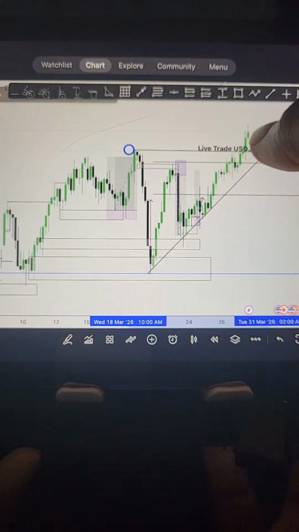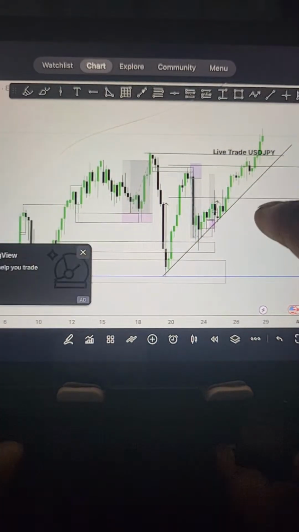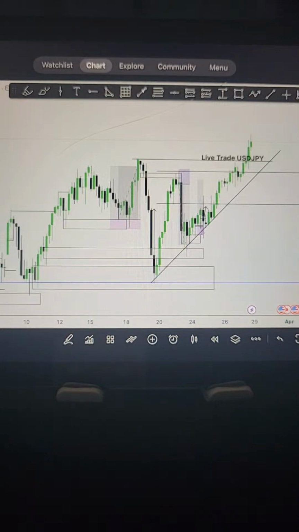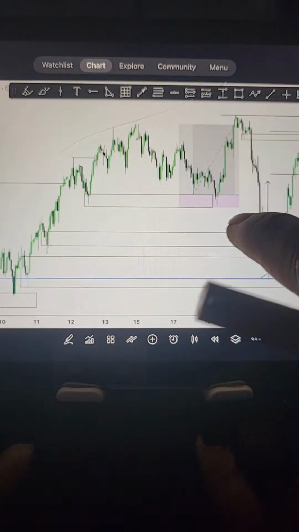I've been buying USD JPY since last week. So we all know about the war that is going on in Iran, the US war. That has really been affecting the charts lately, and it has made USD to be kind of strong. So let me quickly show you how I've been able to milk USD JPY, and so you can see how I've been able to profit from this asset.